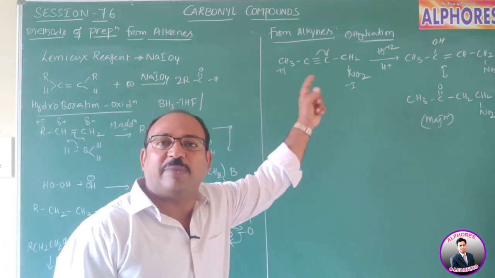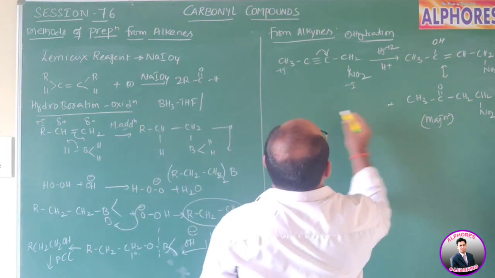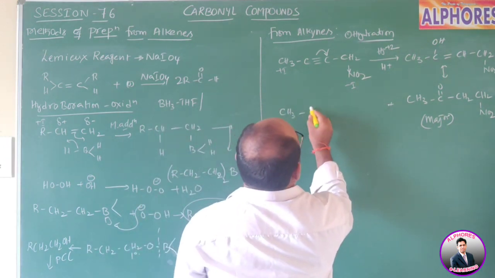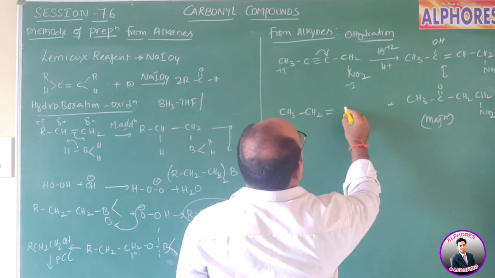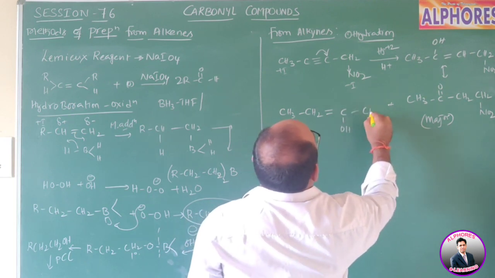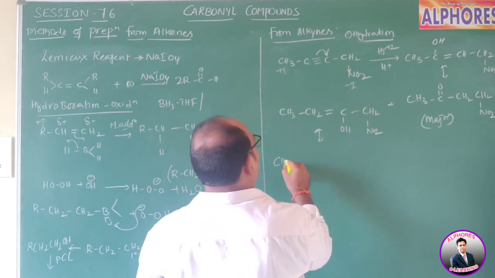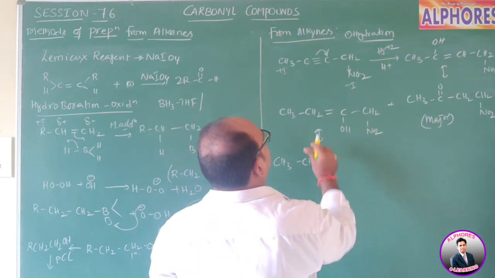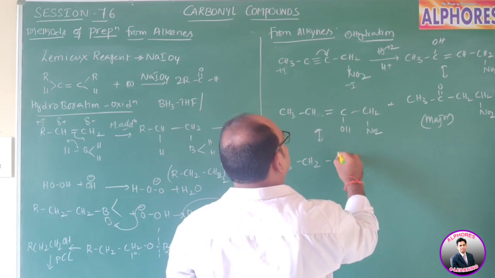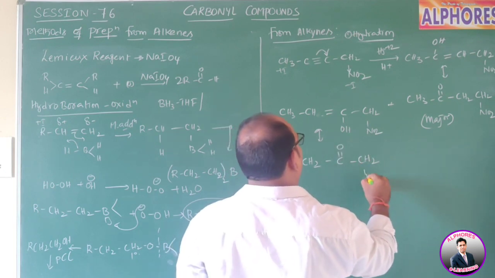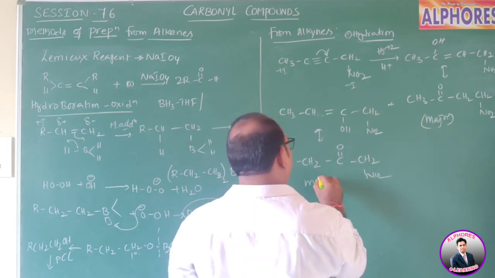And there is a possibility for one more, minor product here, CH3-CH2-C(OH)=CH-... I mean CH3CH2C(OH)=CHNO2 type enol, of course, and upon tautomerization we get CH3-CH2-C(=O)-CH2NO2. This one is a minor product.